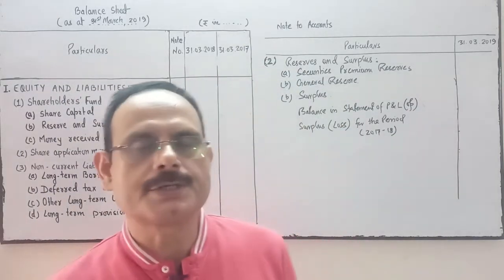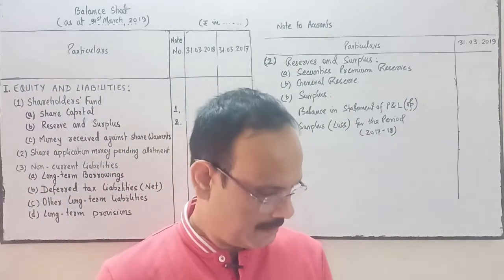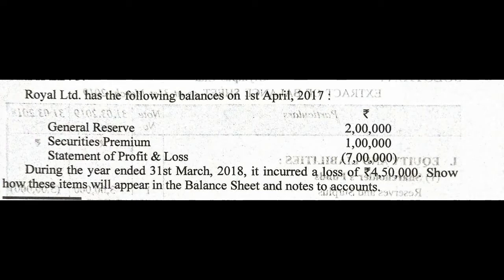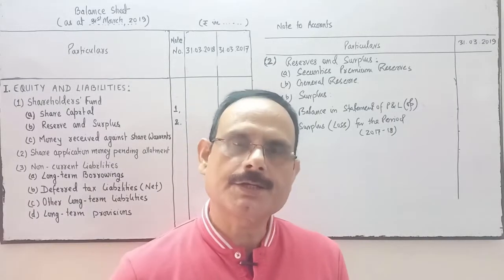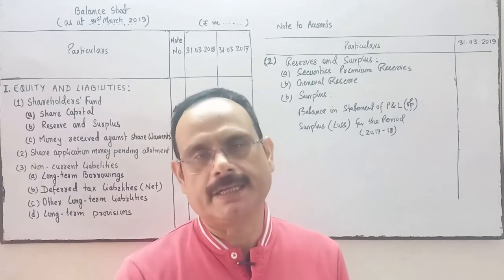Now see the third question related to reserve and surplus. Royal Limited has the following balances on 1st April 2017.